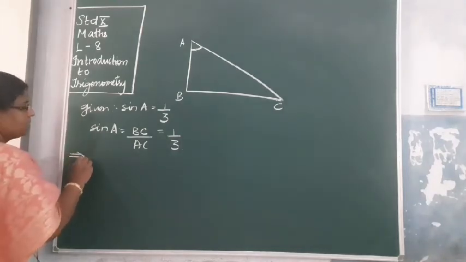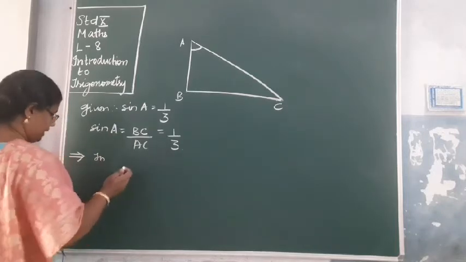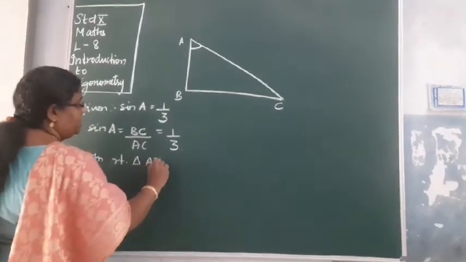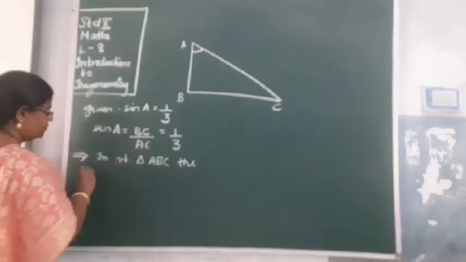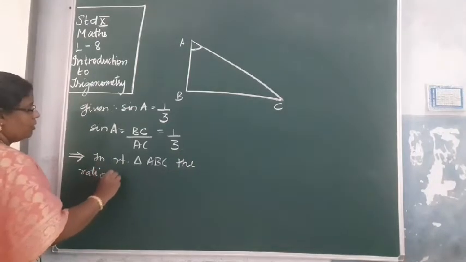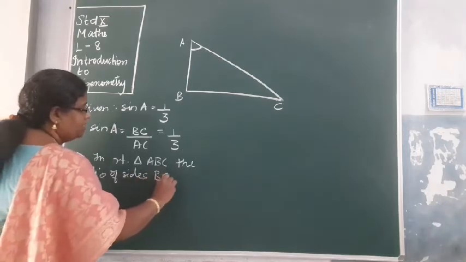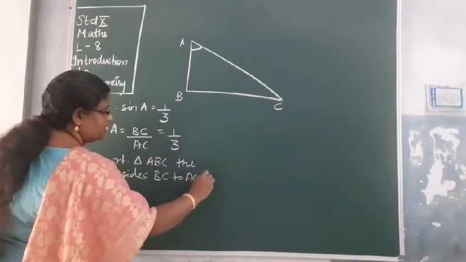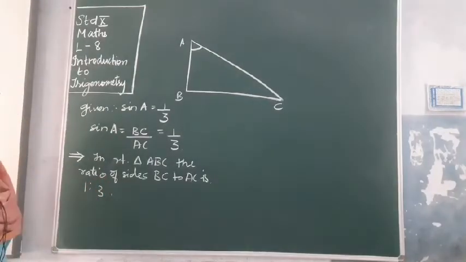This implies in right triangle ABC, the ratio of sides BC to AC is 1:3. इसका मीनिंग ये होता है.